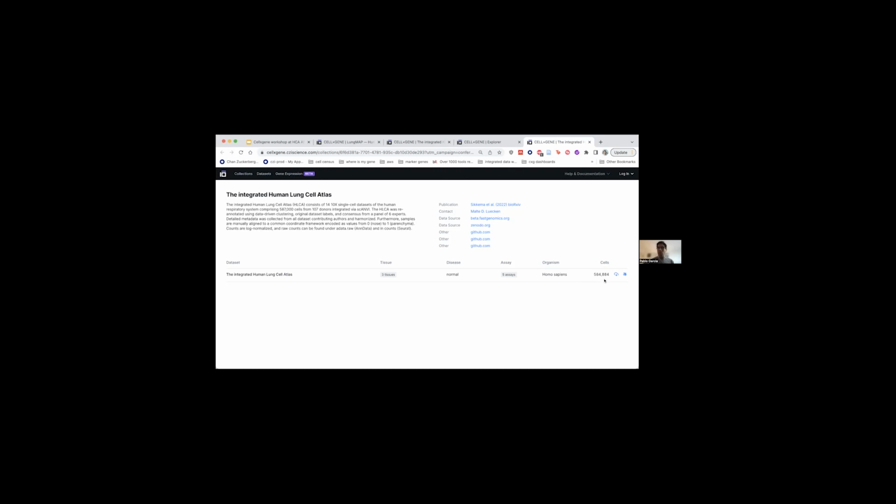Here, you can download the data, as I mentioned. You can download the data in H5AD, which is for our Python users, or in Seurat RDS format, which is for our R users. I'm not sure if you have gone over the main toolkits that are used for single cell analysis, but these are the main formats that exist out there for the analysis of single cell data.